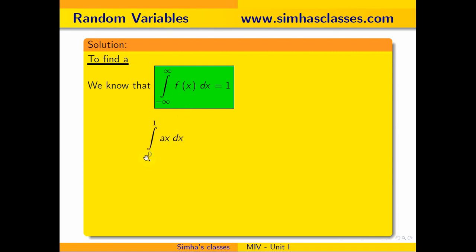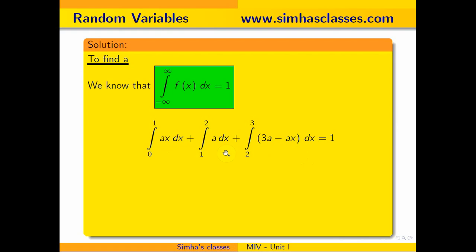From 0 to 1, the function is ax, from 1 to 2, the function is a, and from 2 to 3, the function is 3a minus ax. Otherwise it is 0. That's why I'm not mentioning the intervals minus infinity to 0 and 3 to infinity, because the function is 0 on those intervals.